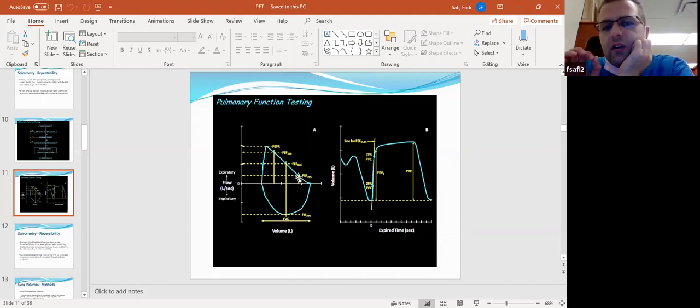This is the volume of air that you can get out in 25%, 50%, or 75%. These usually measure the small airway function. So the FEV1 measures the large airway function, and the FEF measures the small airway function.